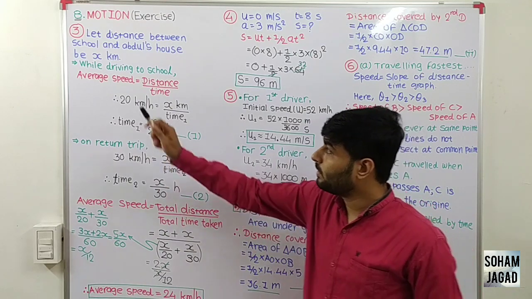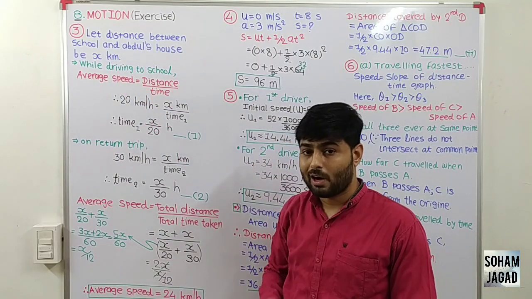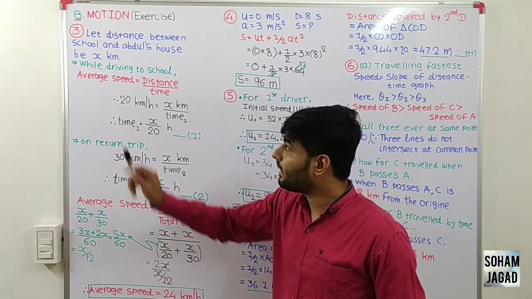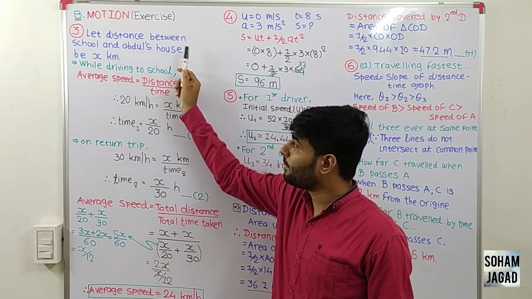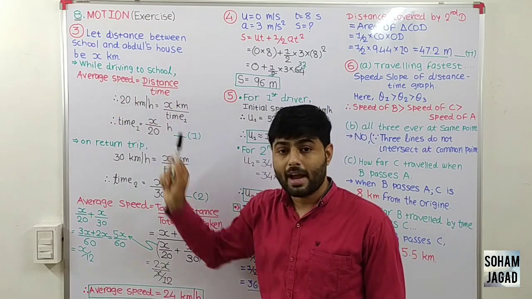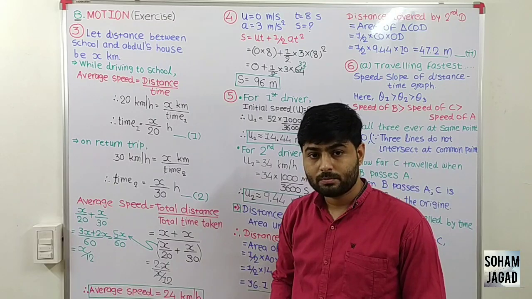Let's assume the distance from school to Abdul's house as x kilometer. So I write here, let the distance between school and Abdul's house be x kilometer. So we have distance now.